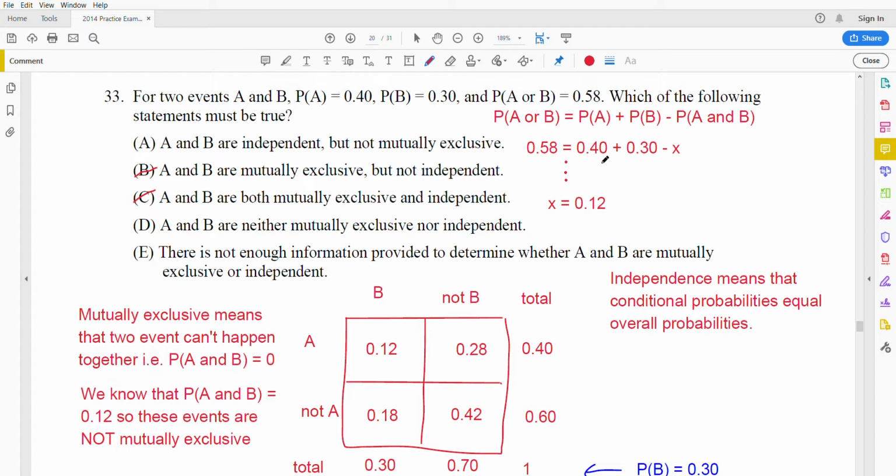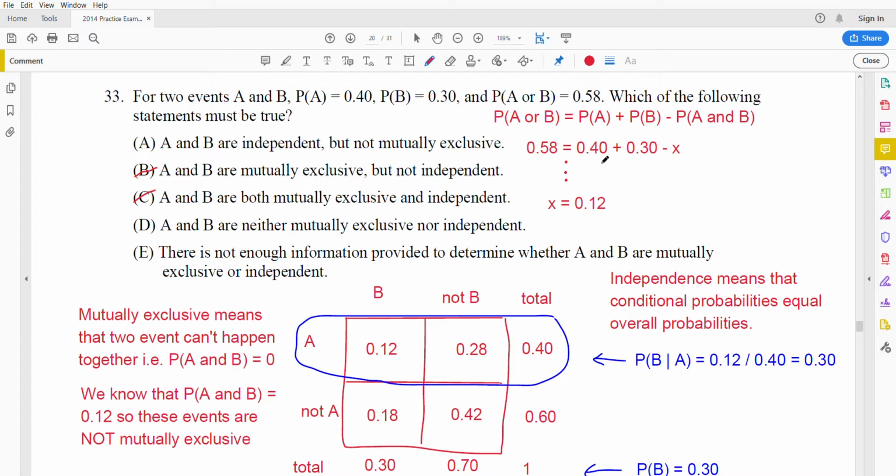Now let's turn our attention to the first row in the table. In that row, we know that A has occurred. So there's our condition. So we can say that the probability of B given A is going to be the ratio 12% out of the total 40%. If you throw that in a calculator, 12 divided by 40 is also 30%.